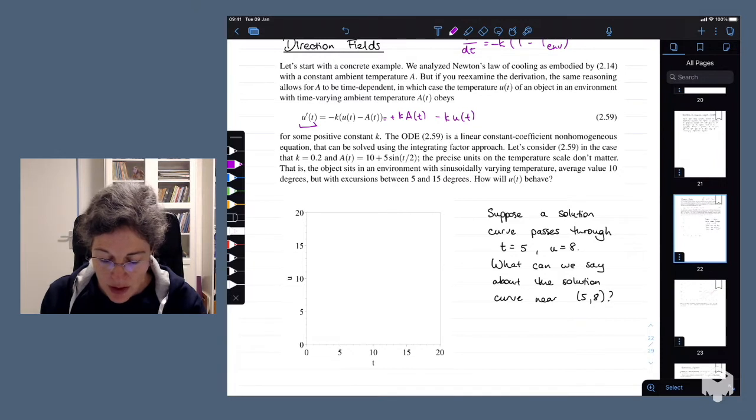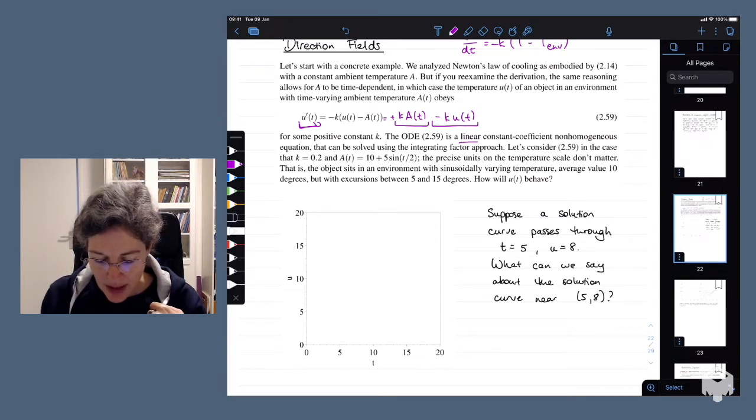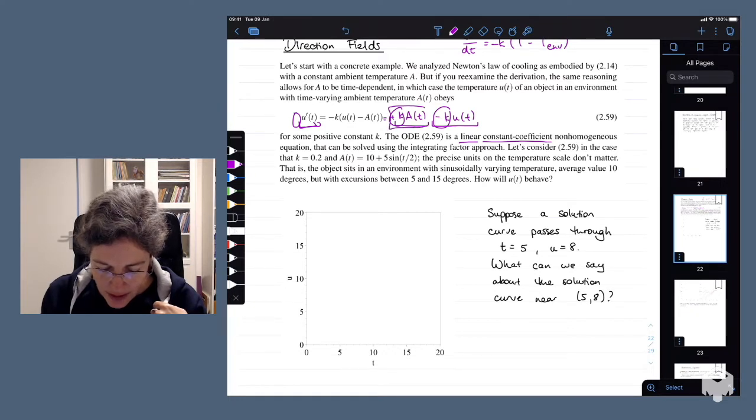This looks suspiciously linear, because we have our derivative, one term has u(t) multiplied by some constant, and another term just involves t's. So it's linear, and in fact constant coefficient, because these coefficients are constant. And finally, because we have this term involving just t's, it's non-homogeneous.